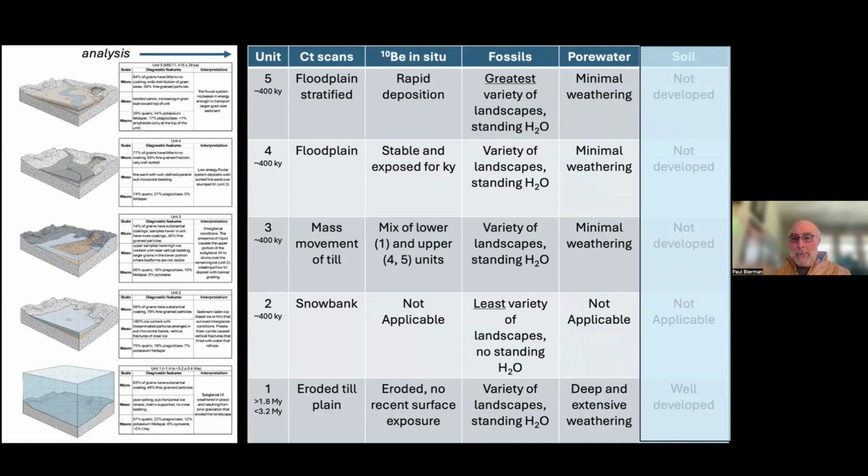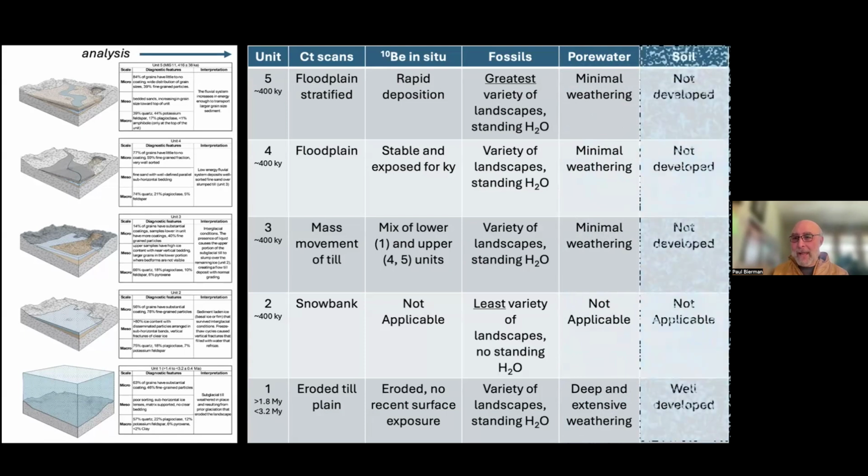Whereas the upper units have minimal grain weathering because the pore water contains very low quantities of dissolved solids. And that lower unit has a well-developed soil on it, and the upper units do not have well-developed soils. So we're trying to figure out what this landscape under the ice might have looked like using 5 inches of core. That's 3 meters long.